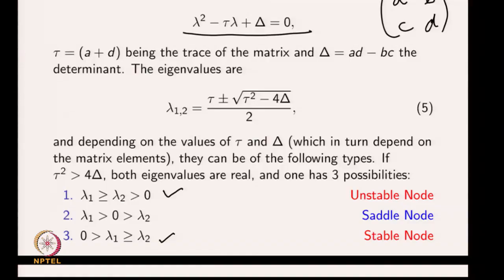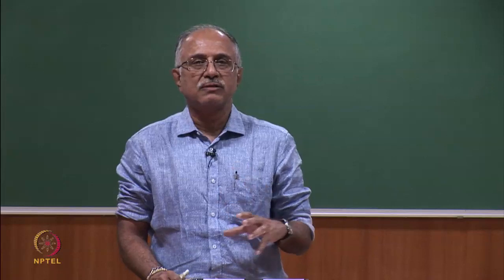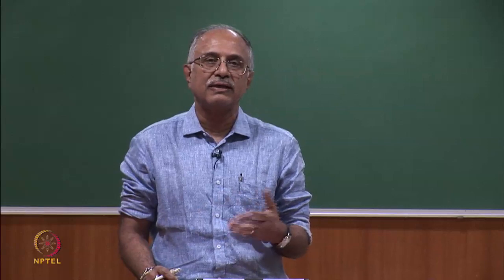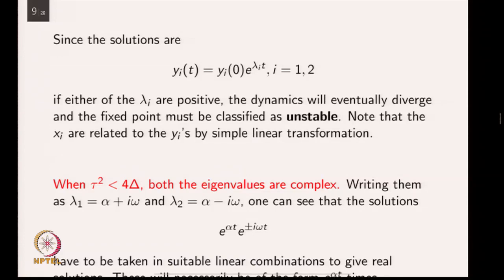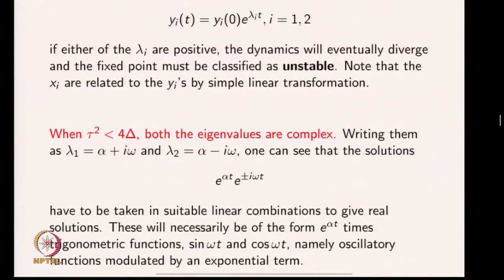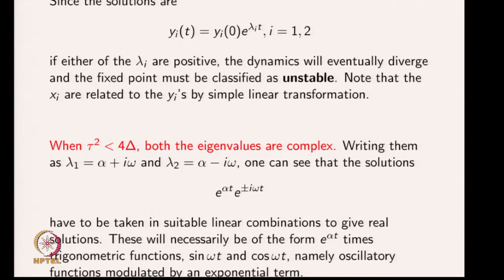The node refers to the fact that 0 is the fixed point, and the stable or unstable, or the saddle, tells you what is the behavior in the neighborhood of the node. Now, since the equation itself is a trivial one-dimensional equation, the solution is y sub i is equal to y sub i of 0, that is the initial value of y sub i, times e to the lambda i times t.